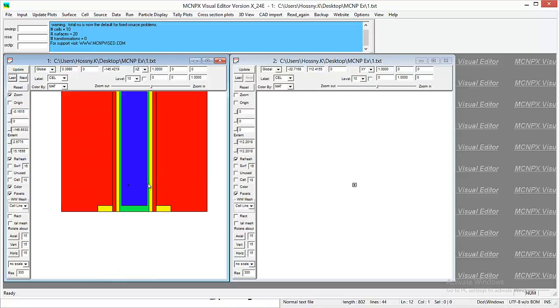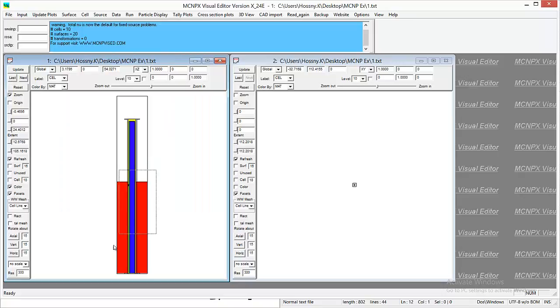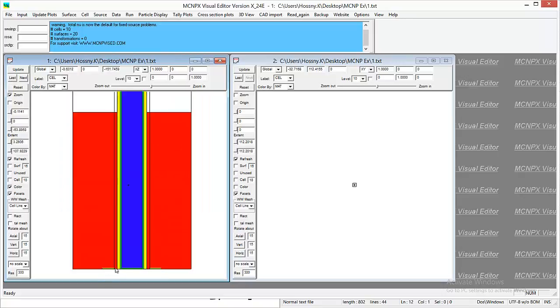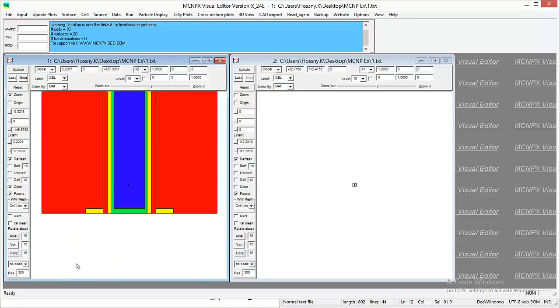Before there's the water. There's the water, and there's the tolerance, clad, the gap, the fissile column. And here, let's check this out. There are the support plates, the same material as the clad. Now we have verified that this model works correctly.